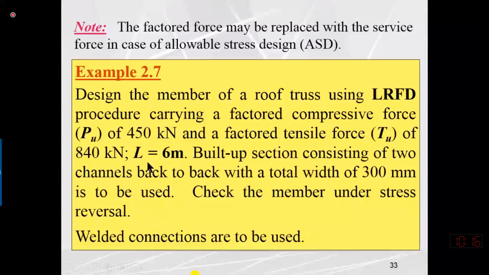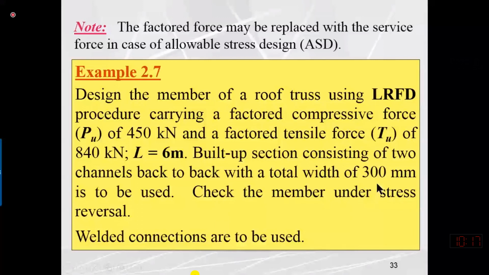Since it is a truss member, both ends are pin ended. This section is a built up section, consisting of two channels back to back with a total width of 300. You will see in the upcoming slide. It means that the flanges are turned outside and the total width is equal to 300.